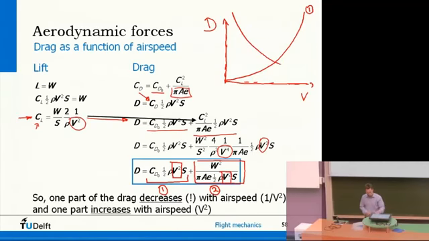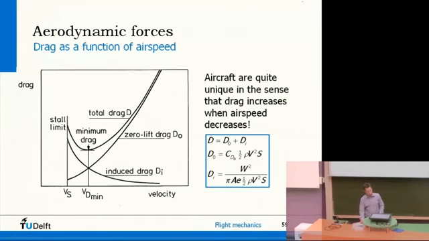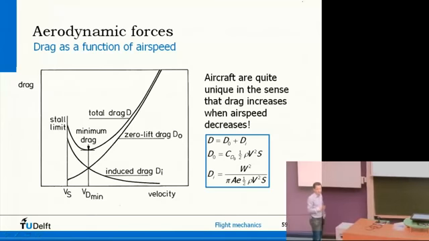So 1 plus 2 gives you the total drag, and the real drag looks something like this. Of course, people have made better pictures than I have, but this is more or less what it looks like. The actual drag curve is basically a parabolic relation. And it's quite interesting when you think about it. If you fly very slowly, you have a certain drag.